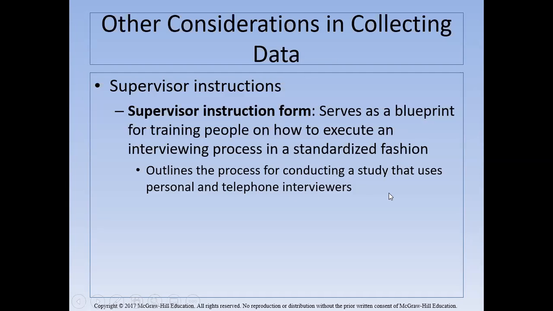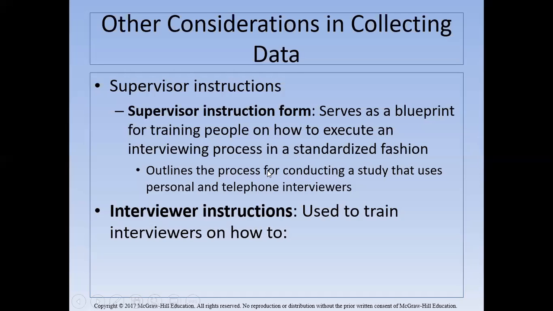For conducting studies that use personal and telephone interviews, you teach how the people should be asking these questions. Interview instructions are used to train an interviewer how to do it. Selecting prospective respondents will teach them to ask certain questions when they are, for example, on the telephone.